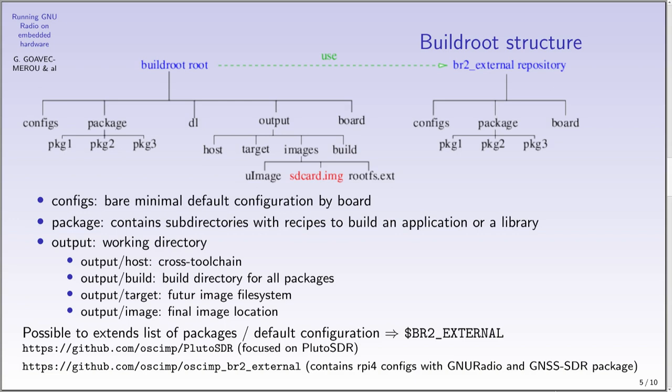The official BuildRoot provides plenty of configs, plenty of packages, but it's possible to extend. The bare minimal configurations are sometimes boring because you need to configure each time you start with a new BuildRoot which packages you want.